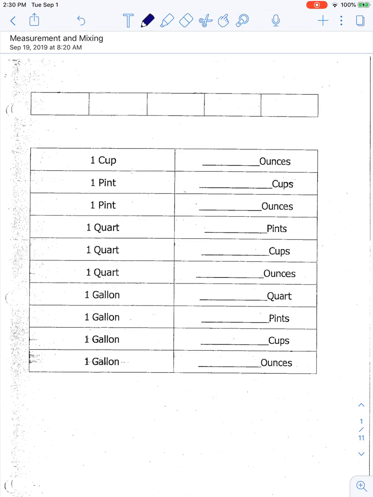So one thing that you would need to know is, channel your grandmother and think about working with her in the kitchen and be able to order these units in the right order from smallest to largest. So, for instance, an ounce is smallest.